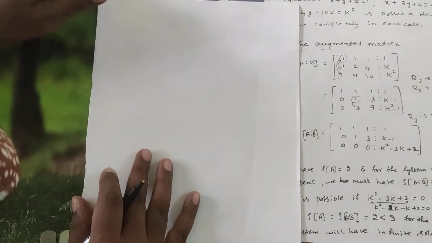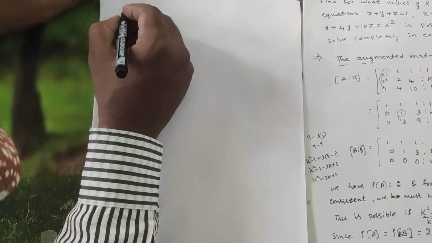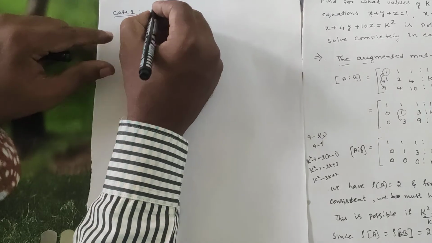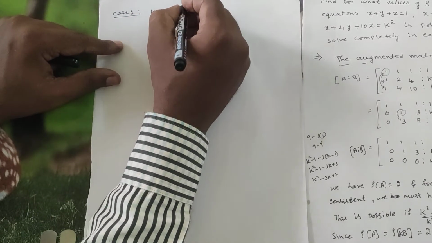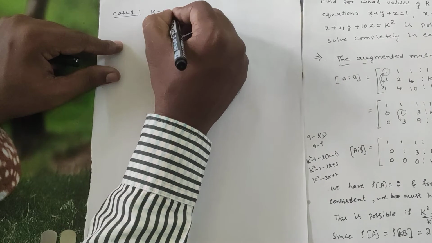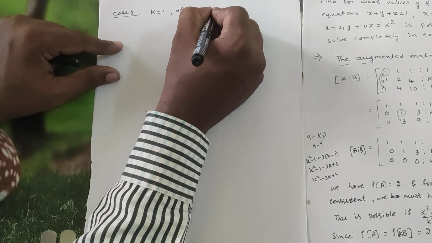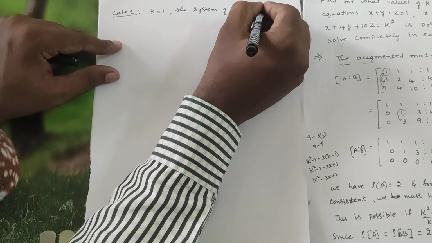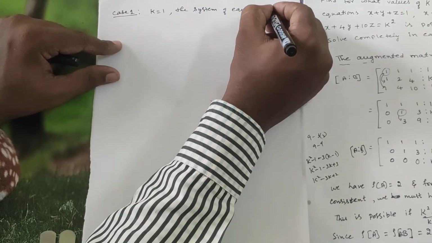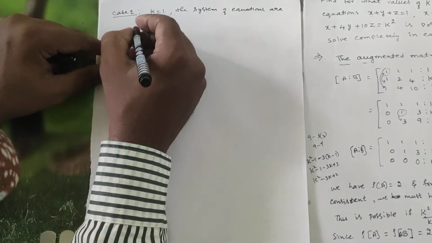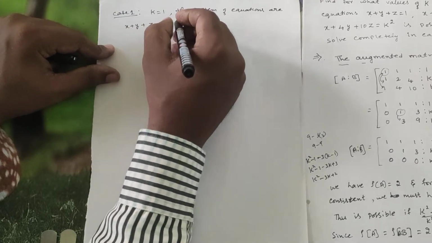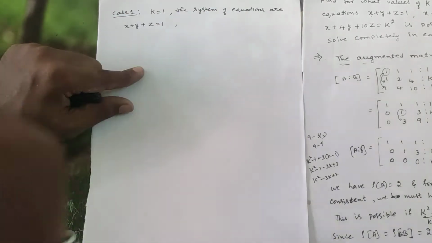Now here, case 1, here k equals 1. The system of equations are x plus y plus z equals 1, and here what do you get?